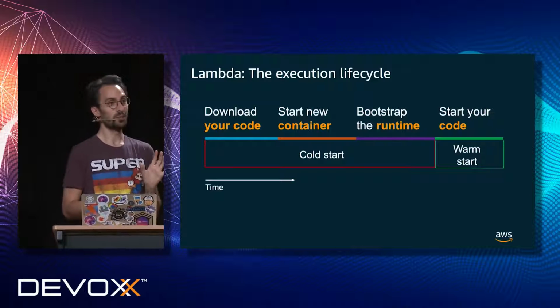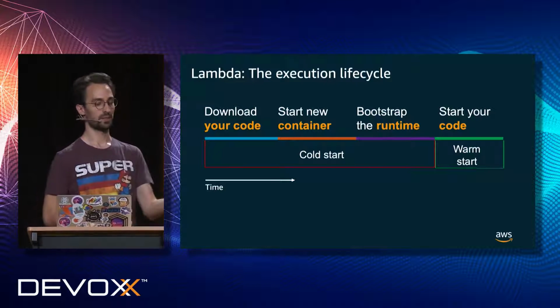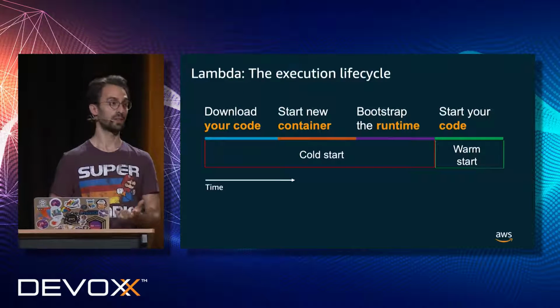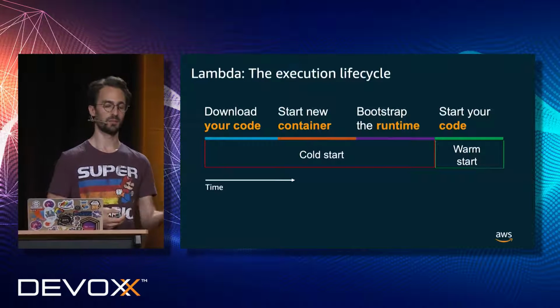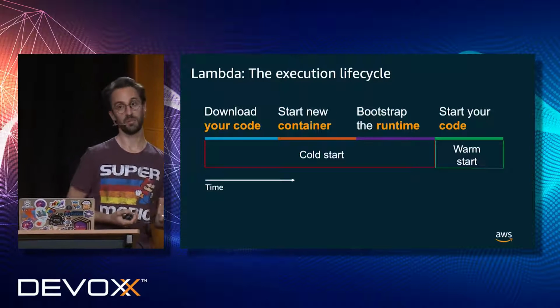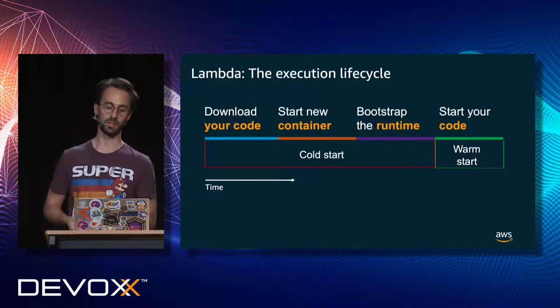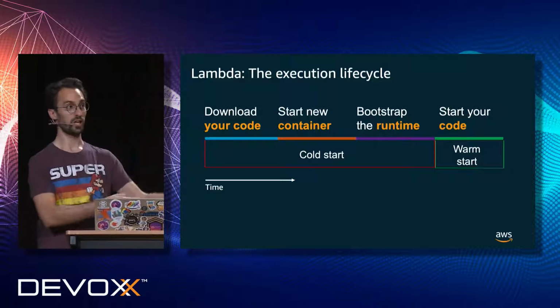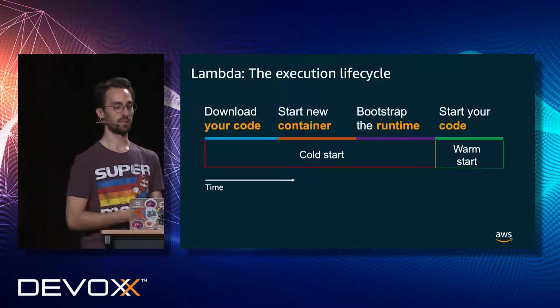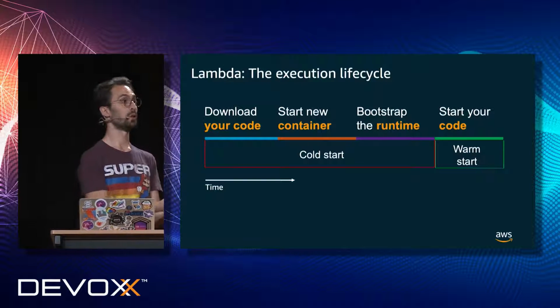So what we need to do, as you can imagine, is take that code, bundle it somewhere, and start either a container or a runtime. Actually, it's not a container. Recently, we announced that we are using a micro VM technology written in Rust that's also open sourced. We call it Firecracker. But anyway, we inject your code into this environment, this micro VM, and then we can finally invoke it.